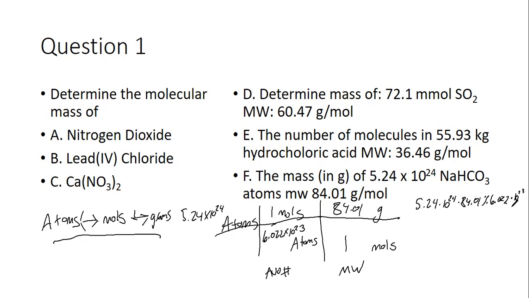If you don't use any parentheses, you're going to get that calculation wrong, because of order of operations, your calculator is going to divide by 6.022 first and then multiply that whole answer by times 10 to the 23. So you will get a massive number of grams.